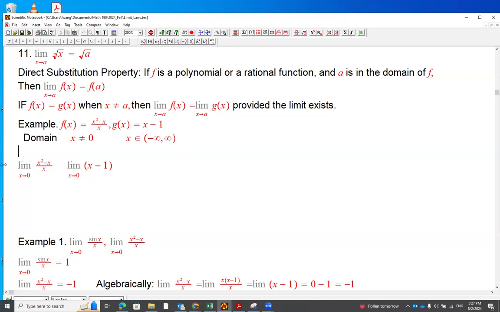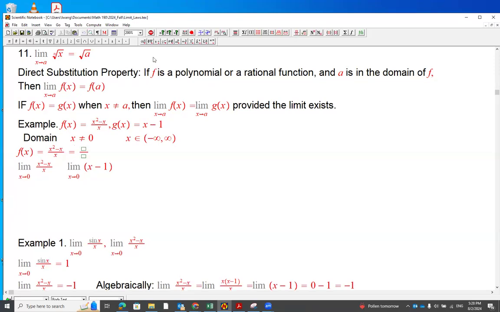How do we know that? Okay, f of x, we work with this function, right? So f of x is this piece. We work it in its domain and we factor it, so x multiplied by x minus 1 over x.